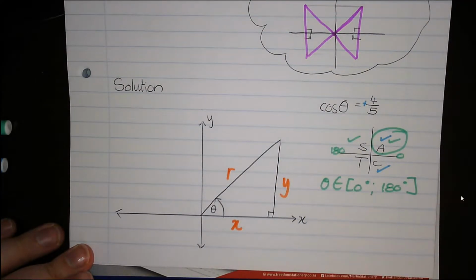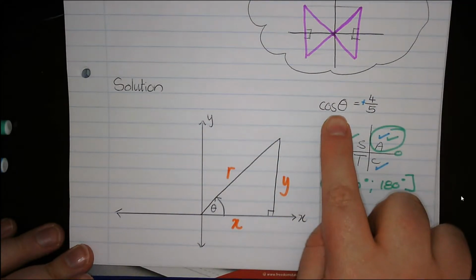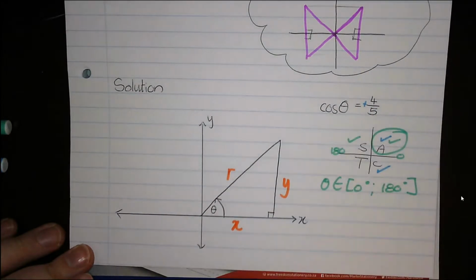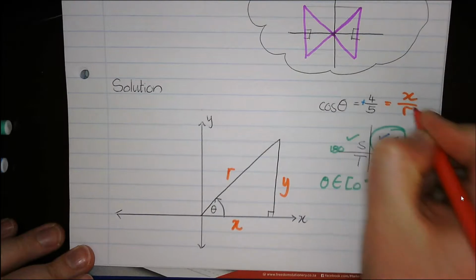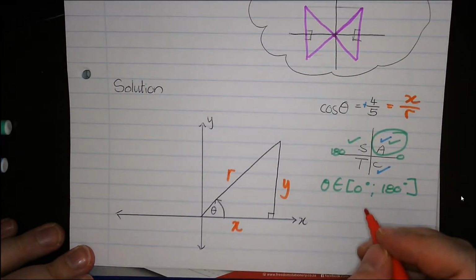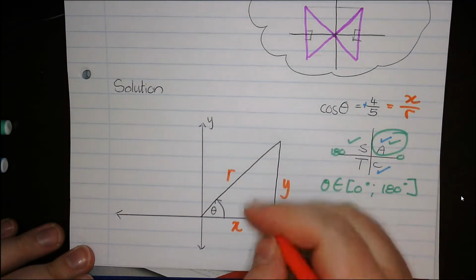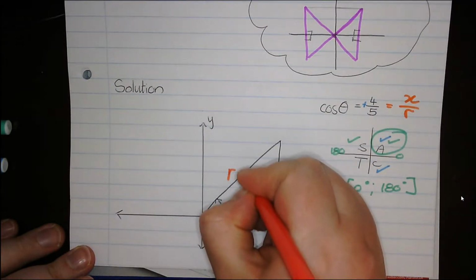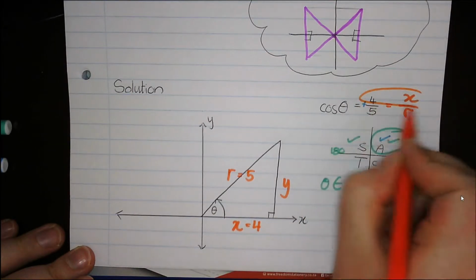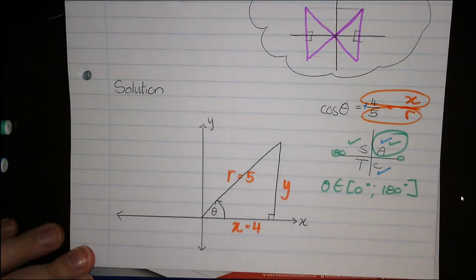Cosine is positive, but we know exactly what the ratio is. Cosine is 4/5, cos is x over r, so x must be 4 and r must be 5.